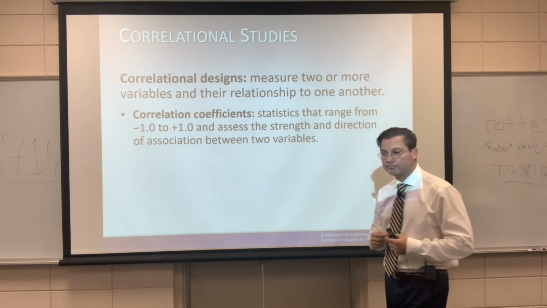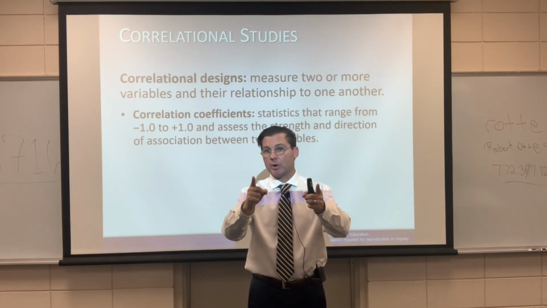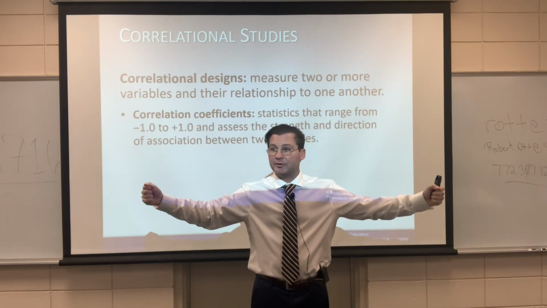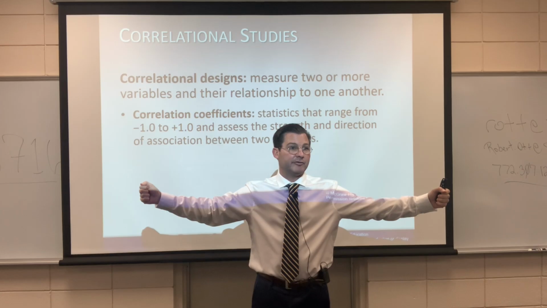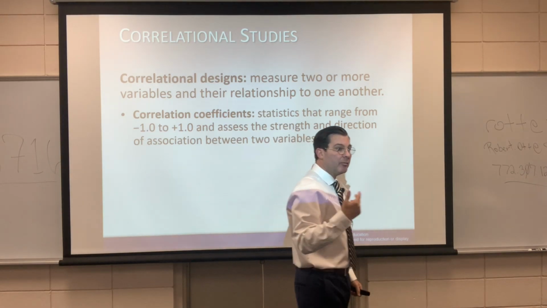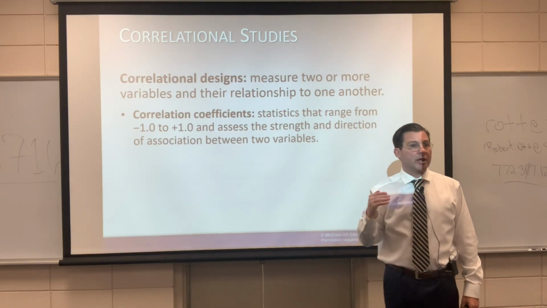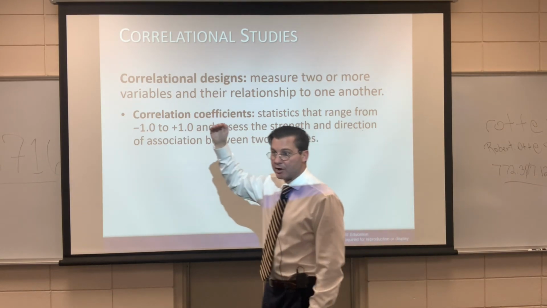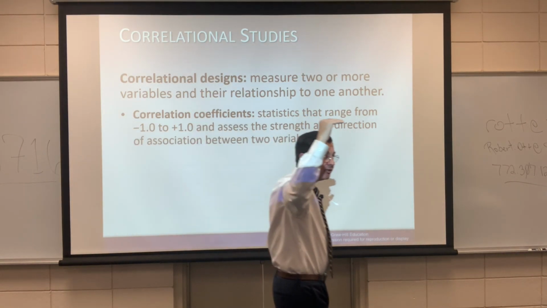Here's where it's different. When you have two variables moving in the same direction, it's positive. When you have two variables moving in the opposite direction, it is inverse, so it's going to be negative. An example of a positive relationship would be height and weight. The taller we get, the more weight we will carry on our skeleton, right? We expect people to weigh more as they get taller.